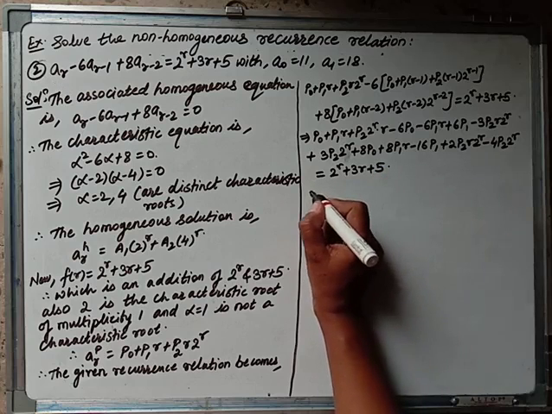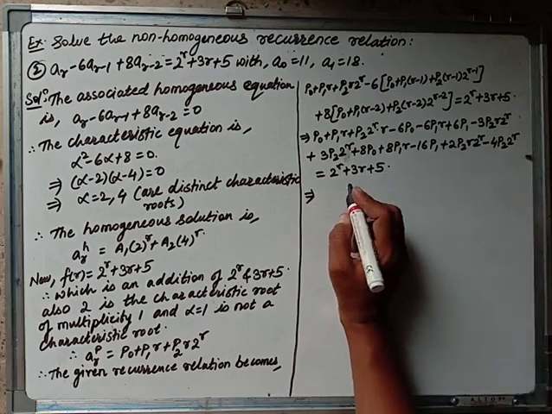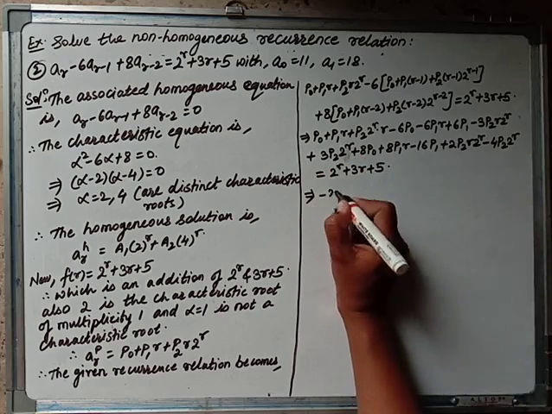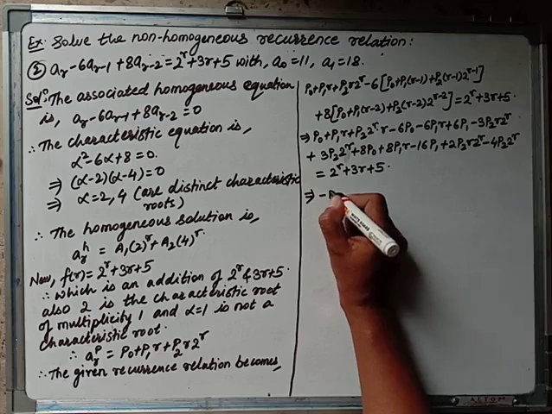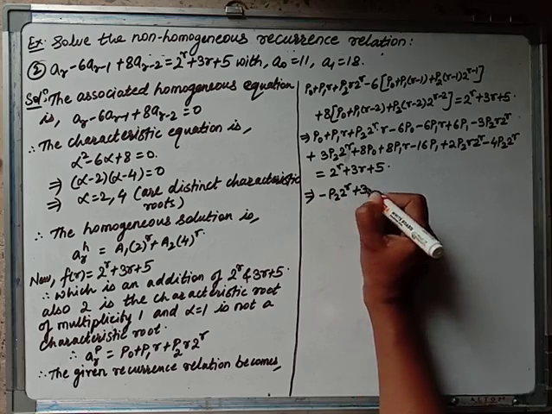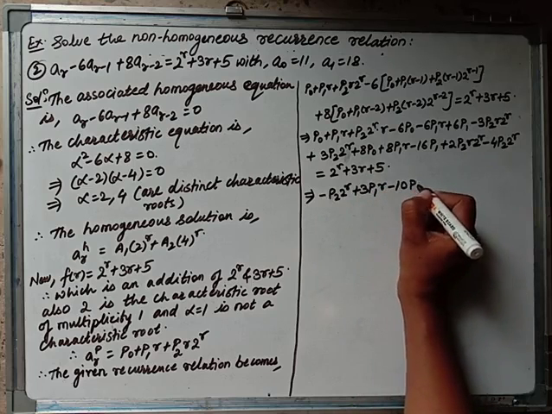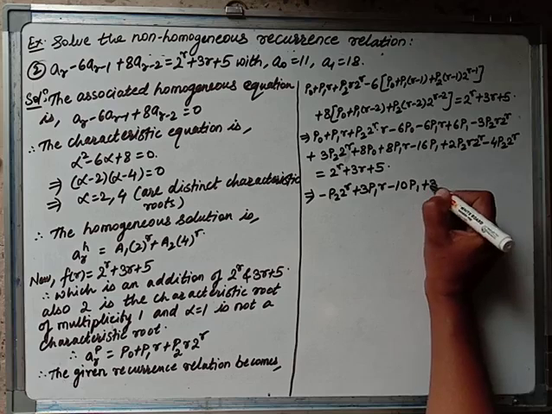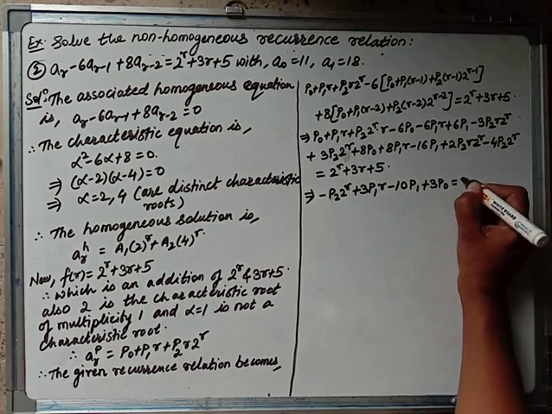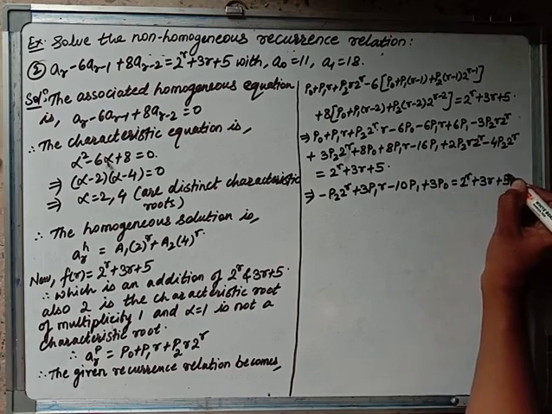Okay. So, some of the terms get cancelled and some get simplified. So, it will be minus P2 2 raised to r plus 3 P1 r minus 10 P1 plus 3 P0 is equal to 2 raised to r plus 3r plus 5.